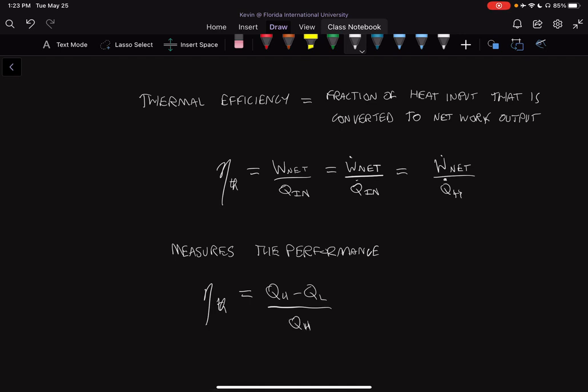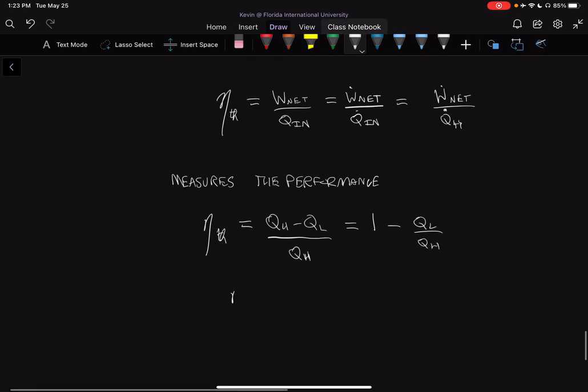So if we don't have the work net, we can use QH and QL to figure out our thermal efficiency. And we can go even further and simplify a little bit more. We can do 1 minus QL over QH. And a typical thermal efficiency for a power plant, or for a heat engine in general, would be something around 30%.